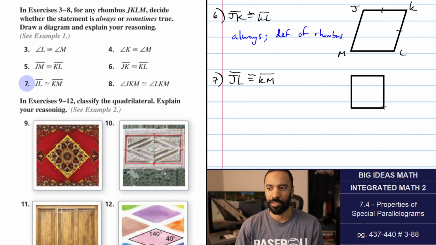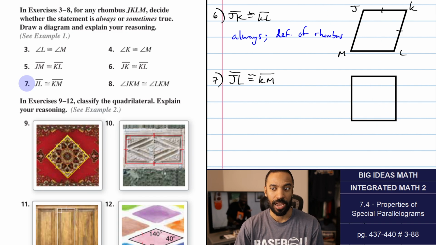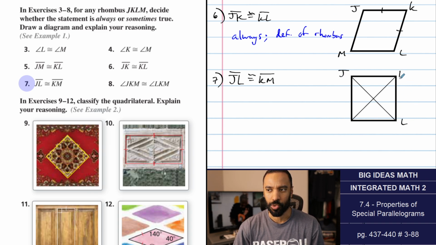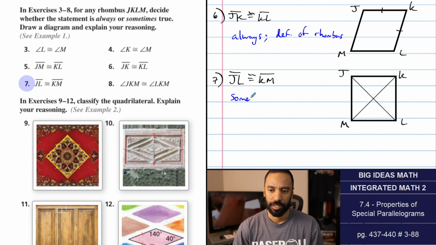So we don't really want to jump into that name. But when they are one and the same, then they are a square as well. So once again, JKLM for your rhombus. When is JL congruent to KM? If it's a square. So sometimes, if square. Once again.